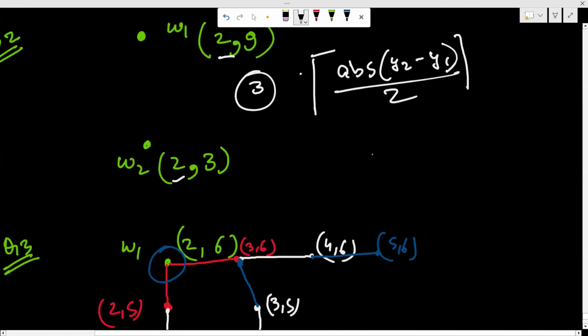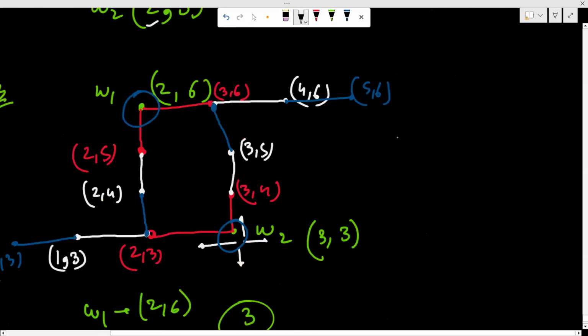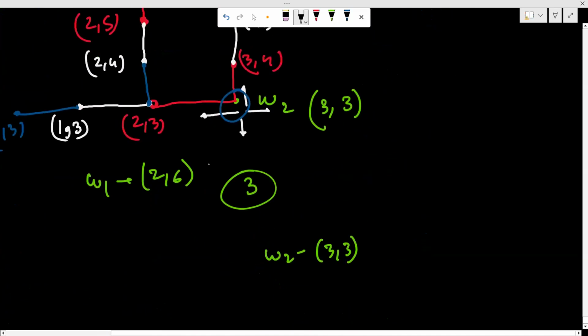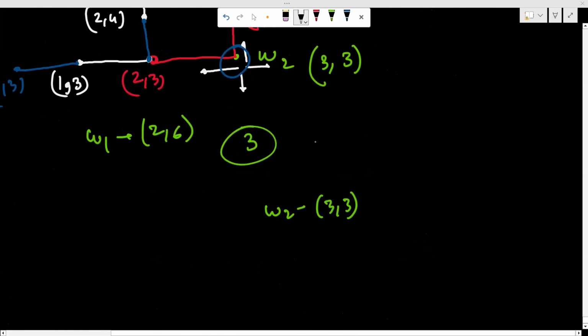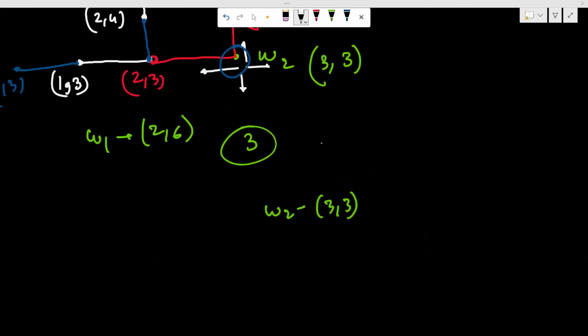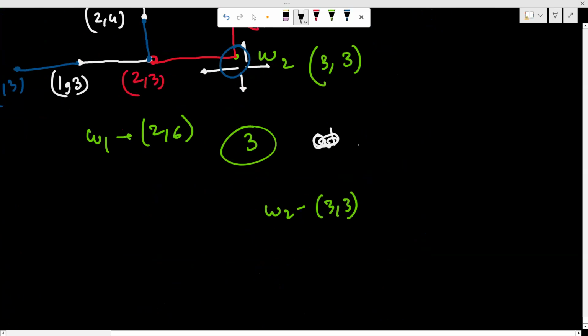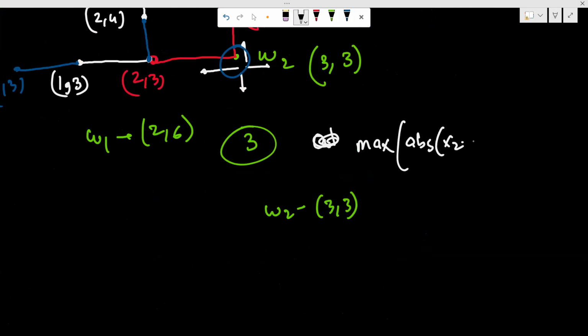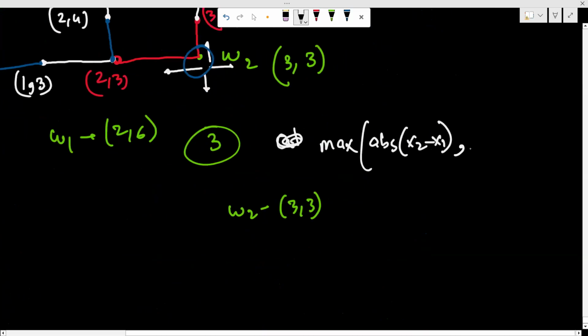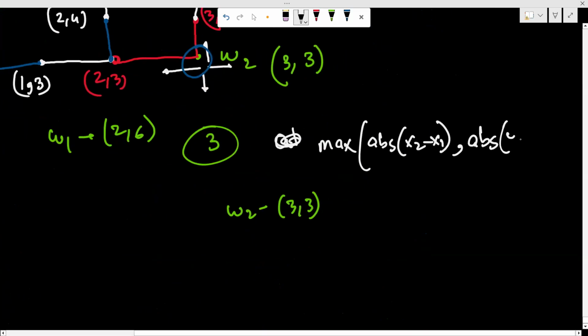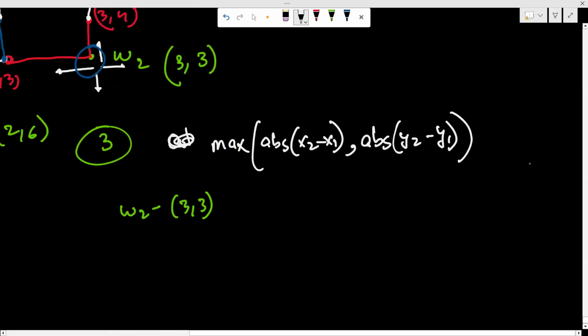And if you agree with me in these two, you will agree with me over here as well, that if the points are not placed horizontally and not placed vertically as well, in that case, the minimum time after which these wells W1 and W2 will get connected is nothing but the maximum of the absolute value of x2 minus x1, comma, the absolute value of y2 minus y1. Do you guys agree?